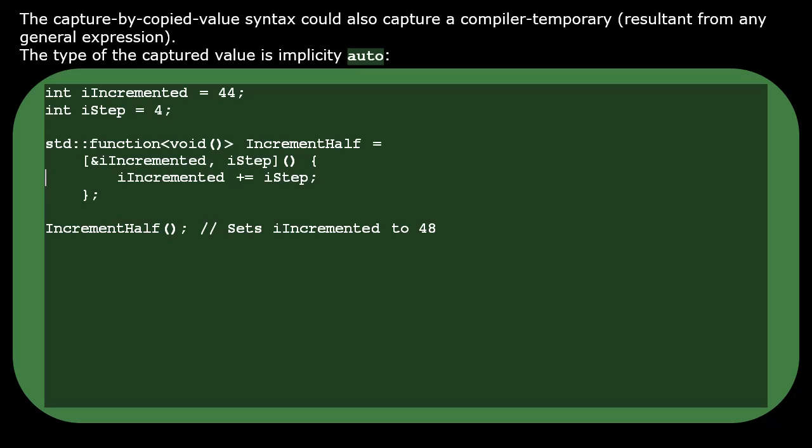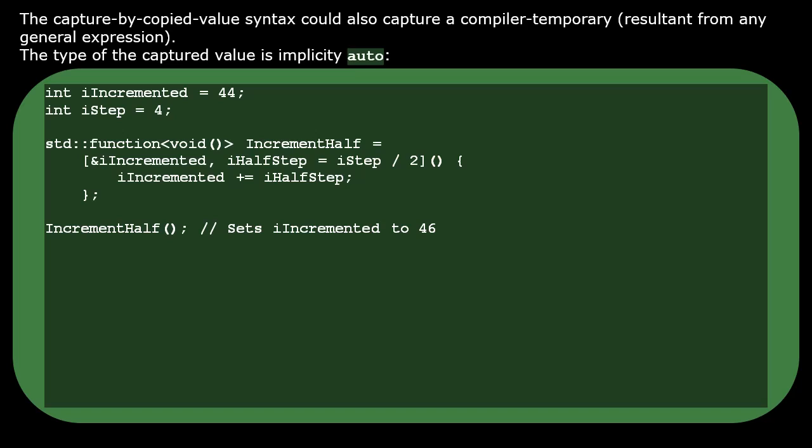The same capture by copied value notation could also be used for another purpose. It could be used to capture a compiler temporary value which results from any general C++ expression. When the lambda in this example is being evaluated, the I step divided by 2 expression is also evaluated at that time.